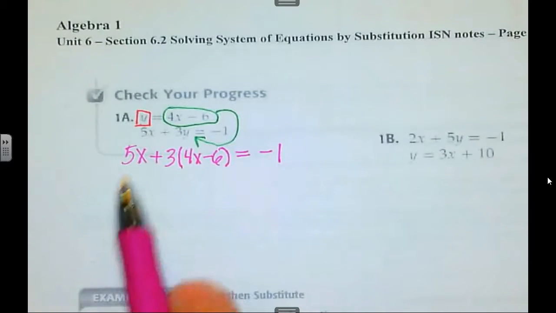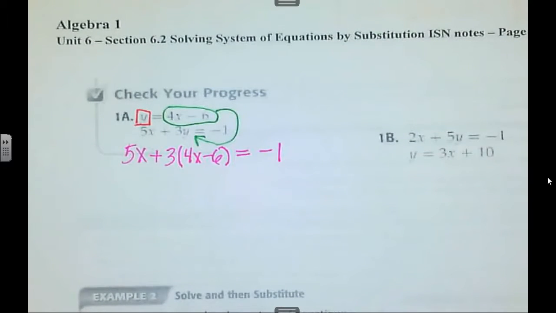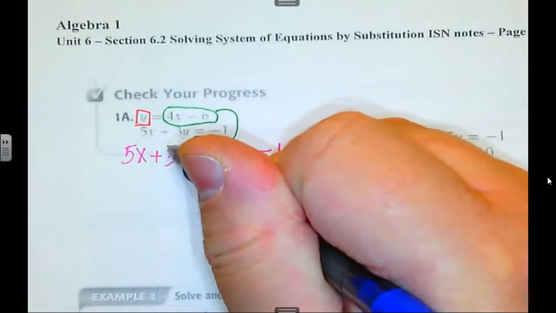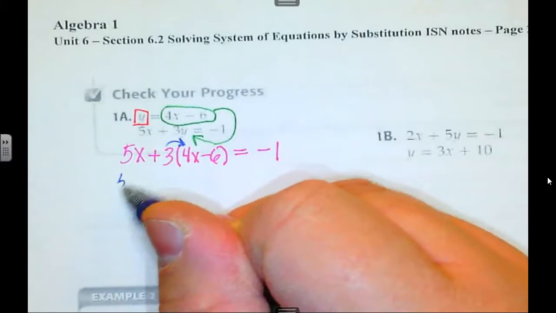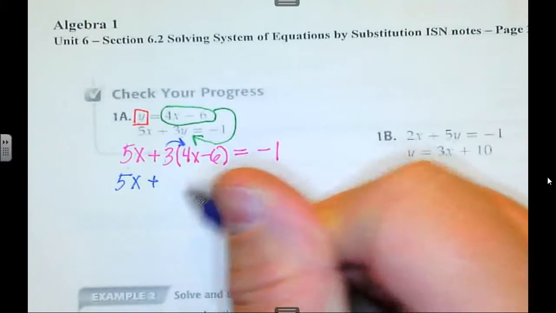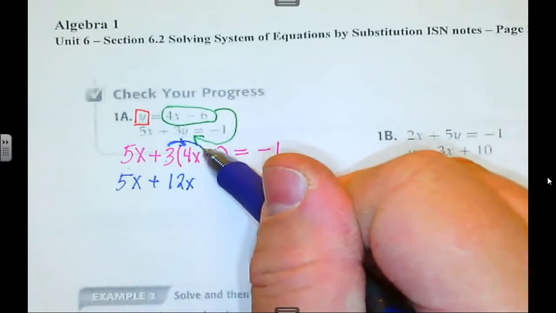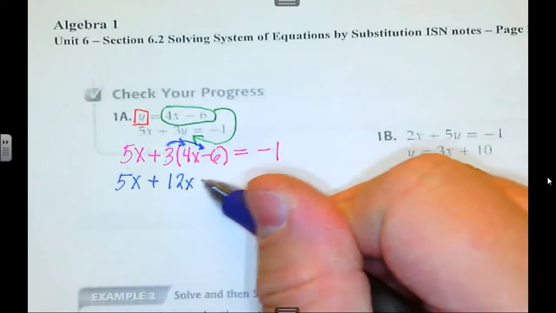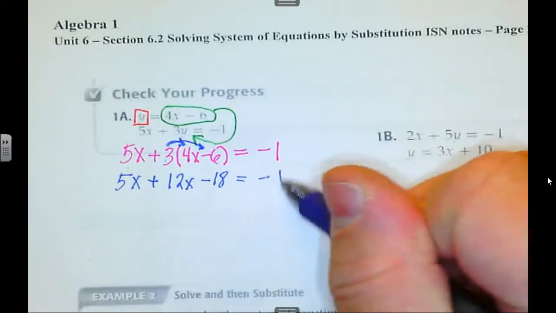Now, I only have one variable to solve for. I can do this. Okay, I'm going to have to distribute the 3. So nothing happening to the 5x. I'm going to bring it down. 3 times 4x is 12x. 3 times minus 6 is minus 18. That equals negative 1.